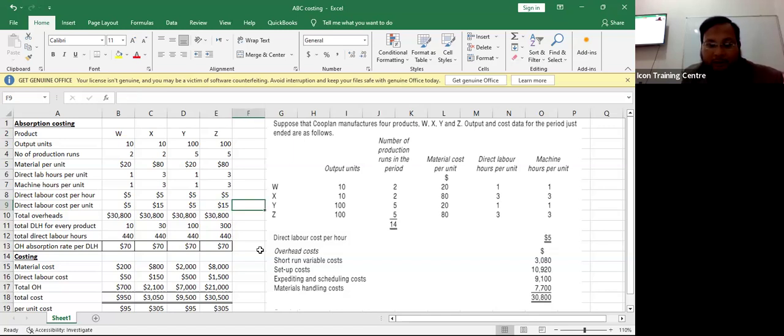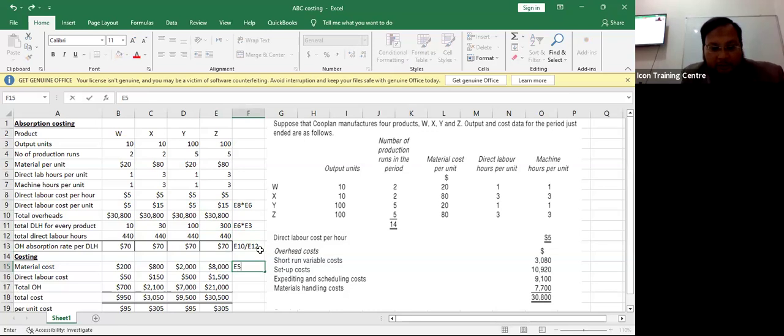E8, E6, right? This is given. For this, E6, E3. This is given. This is E10 divided by E12, right? For this, E5, E3.